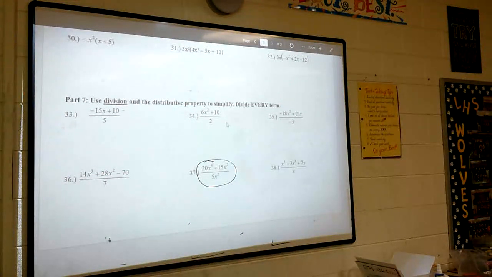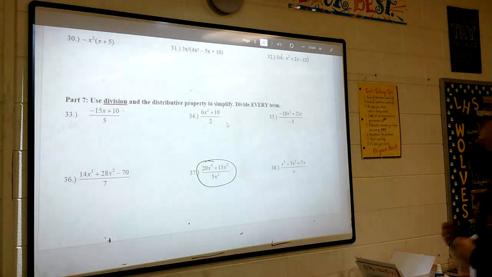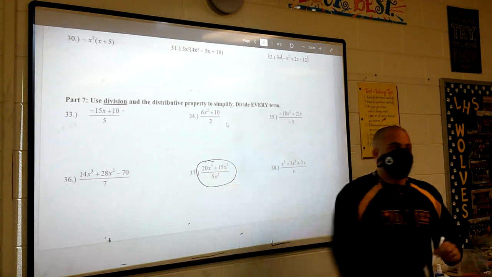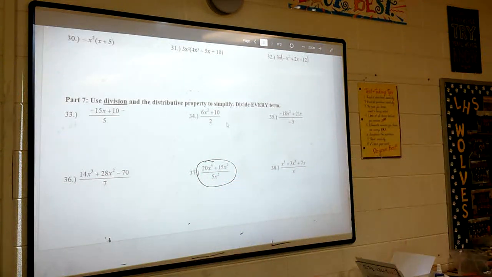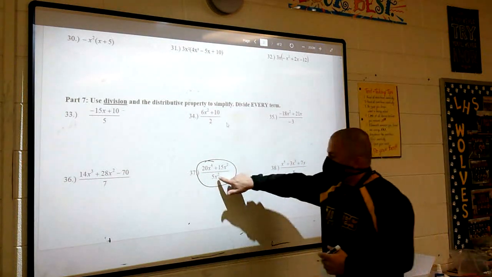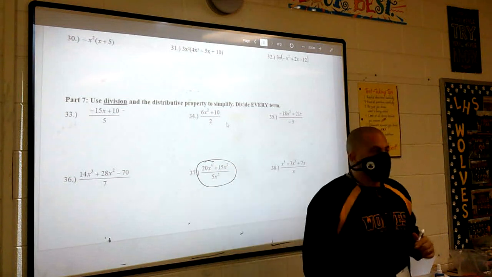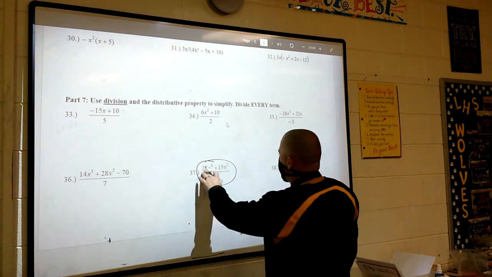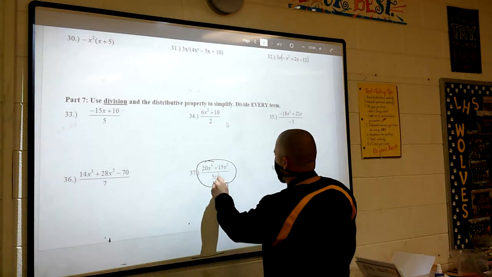What do they all have in common? What can I get rid of from all of them? 20, 15, and 5 will all go to 5. So I can get rid of the 5. And then all of these at least have x squared. So they at least have x and x. So I'm going to divide by 5x squared is what I'm getting rid of. And you see that's why that's at the bottom.